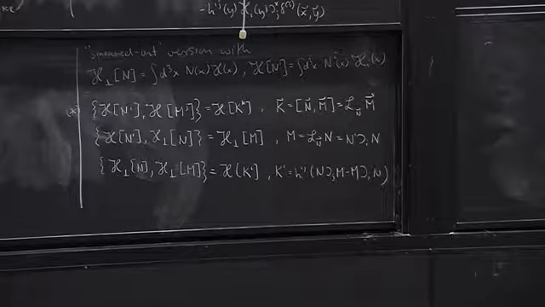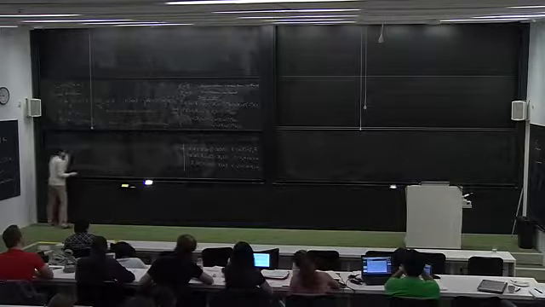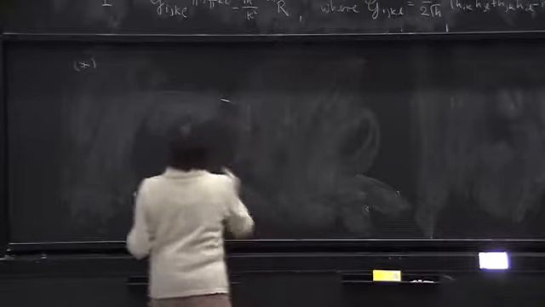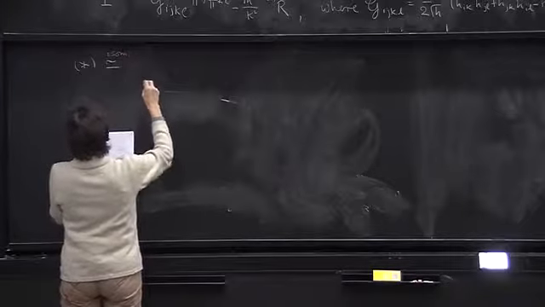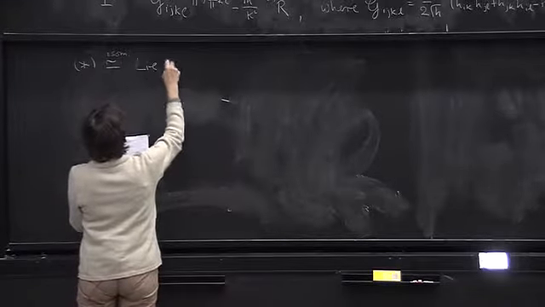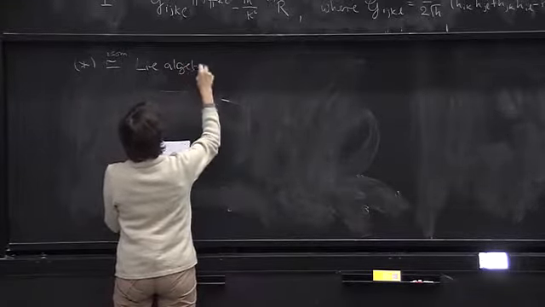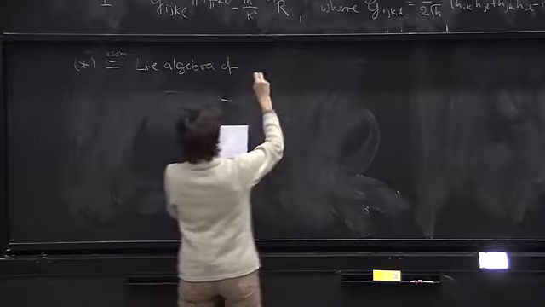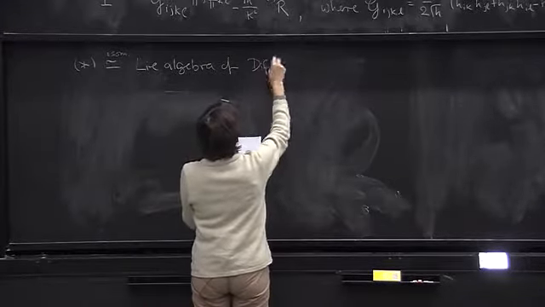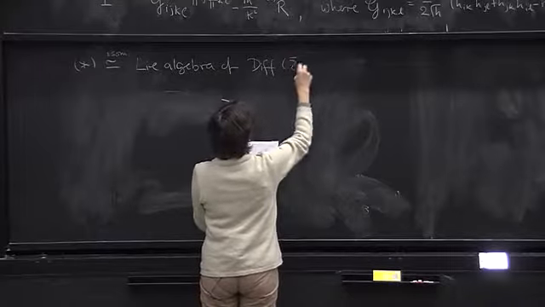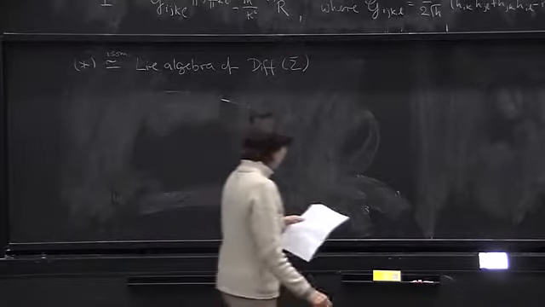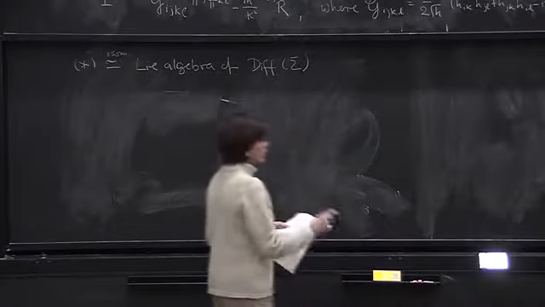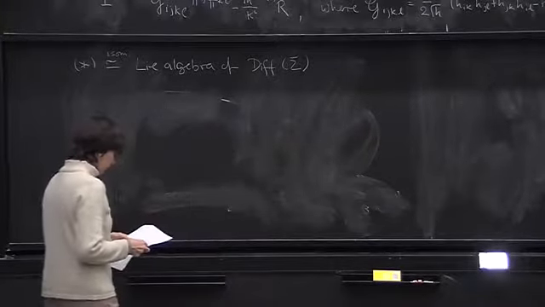This star is isomorphic with the Lie algebra of the diffeomorphisms of these spatial hypersurfaces. Let me just call this diff of sigma, whose generators are exactly these vector fields.